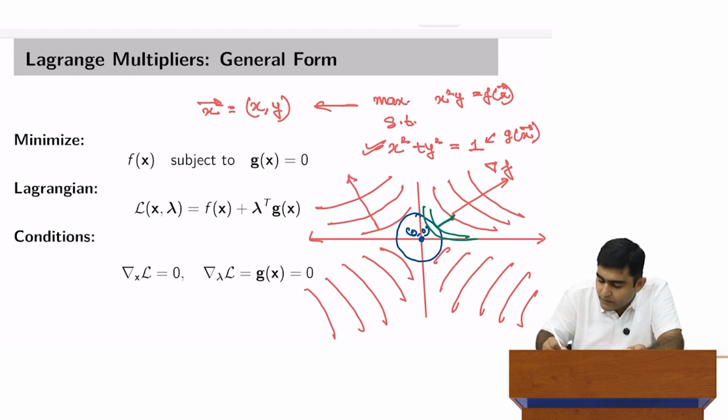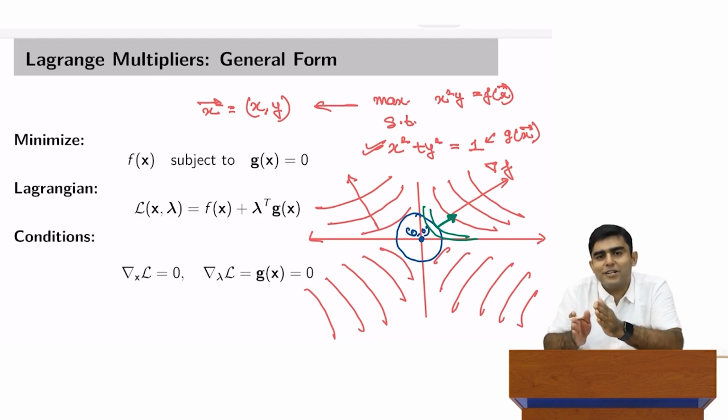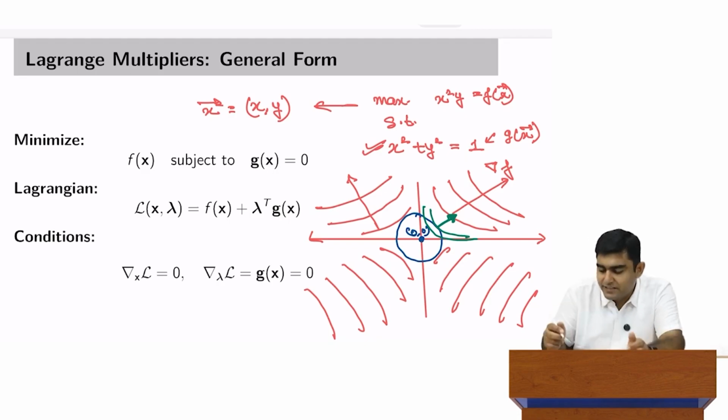Here, whenever you have two curves that are tangential to each other, their perpendiculars or normals are parallel to each other. And this is exactly what the Lagrange multiplier is trying to say.